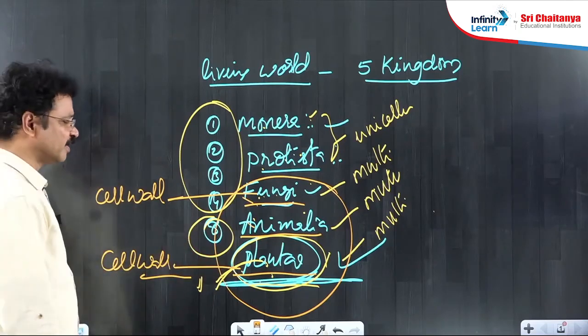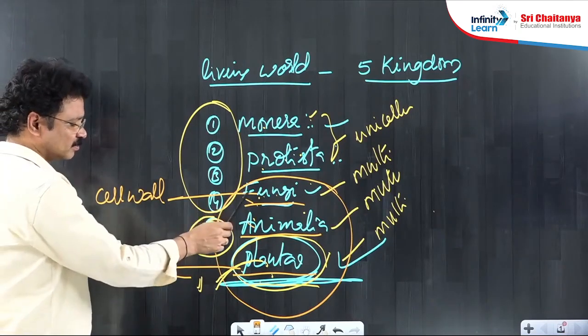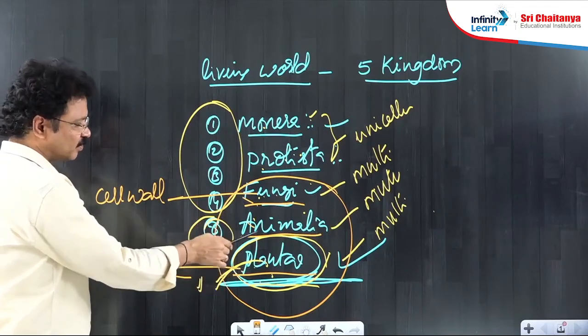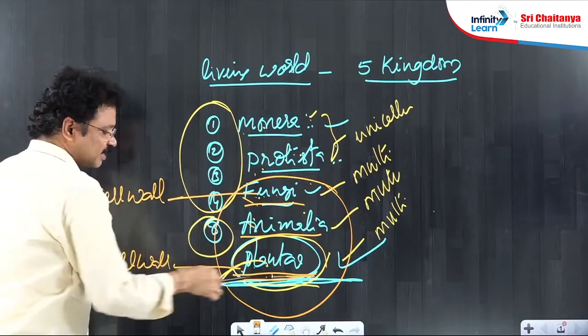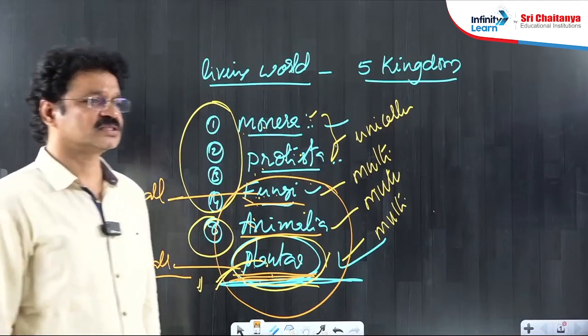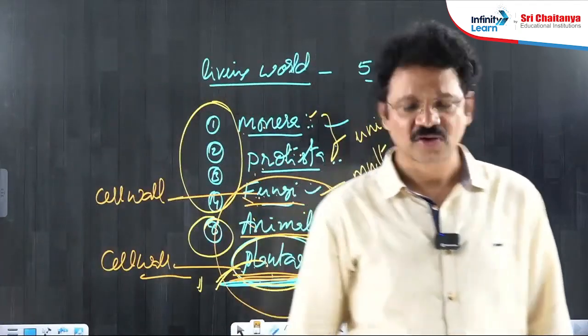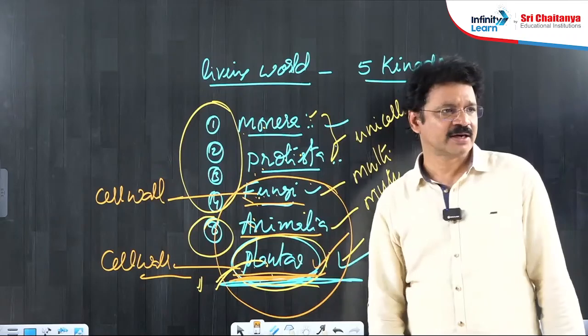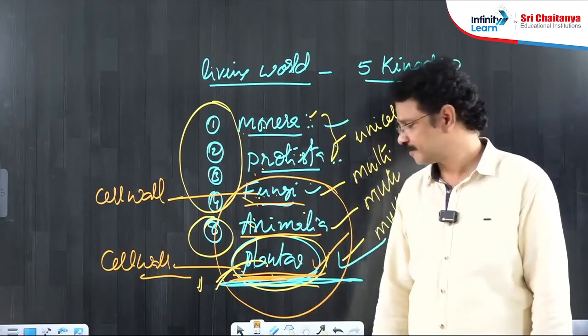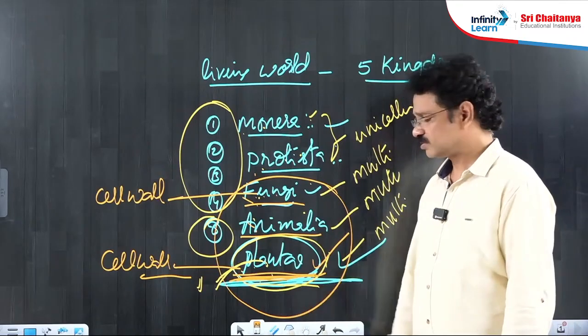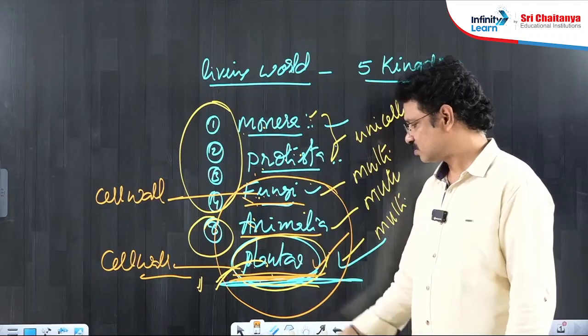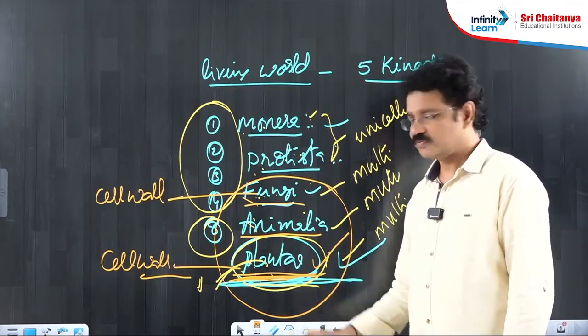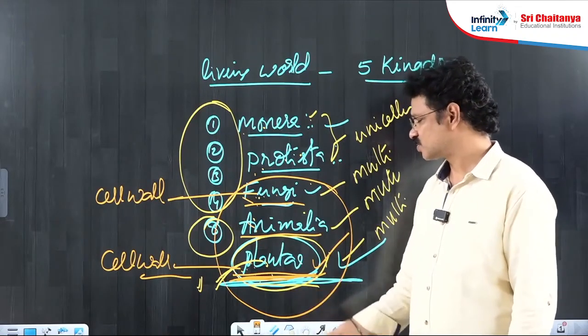The most important difference between members of the Plantae and the other kingdoms is the presence of one cell organelle, chloroplast. Due to the presence of chloroplasts, members of the Plantae are completely independent, photosynthetic food producers, autotrophs.